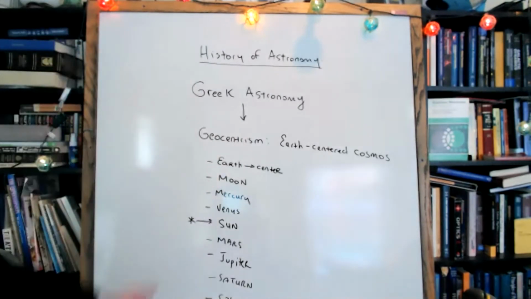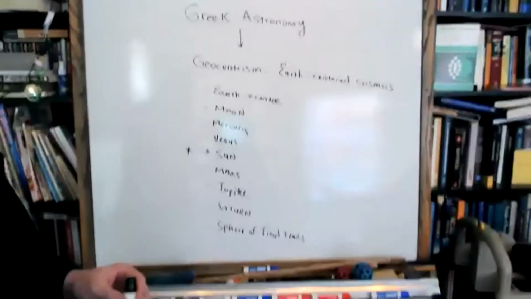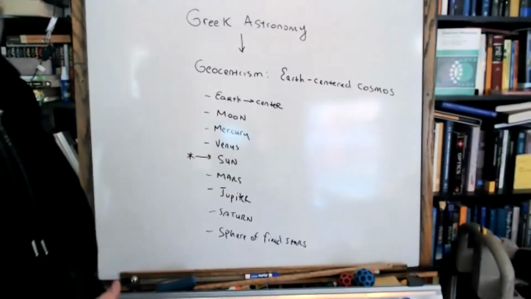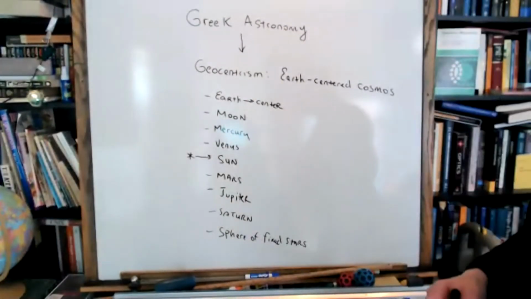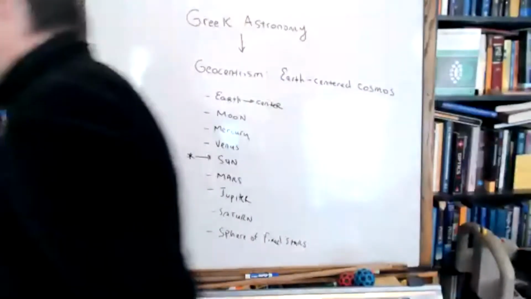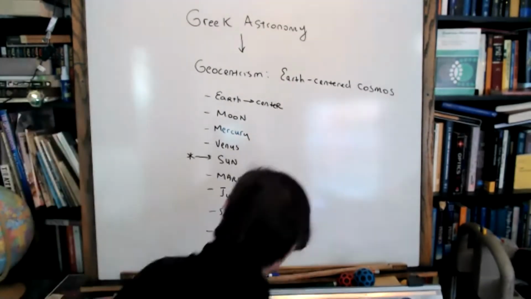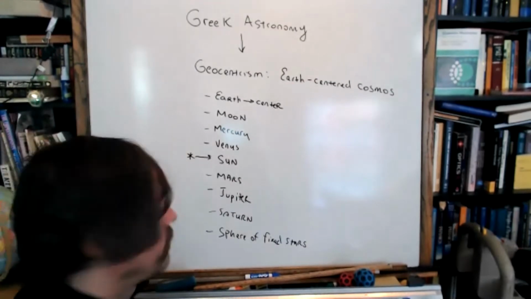So what do you guys notice? I'm hoping this is an obvious question. What do you guys notice about the order in which this solar system is laid out? Any thoughts here? If they swapped Earth and the moon with the sun, we'd be in order.